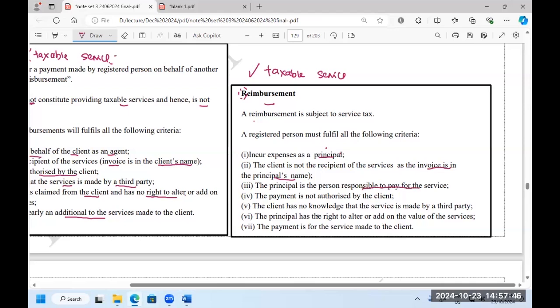It will not be the client. The client has no knowledge. Such service is given by a third party. So the principal has the right to alter the amount. The payment is for services made to the client, therefore there will be service tax. Okay, this one has service tax.